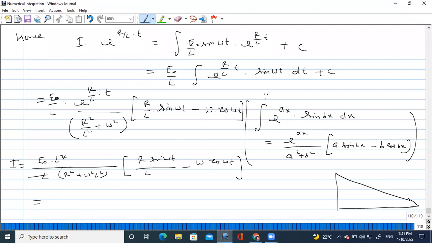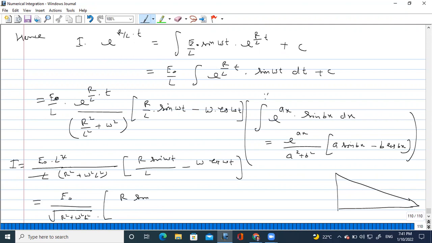So what I can do, L I will multiply inside, it will become E0, and I can make it under root R square plus omega square L square, into under root R square plus omega square L square, that I can multiply inside. So once L is multiplied inside, L to L will cancel.